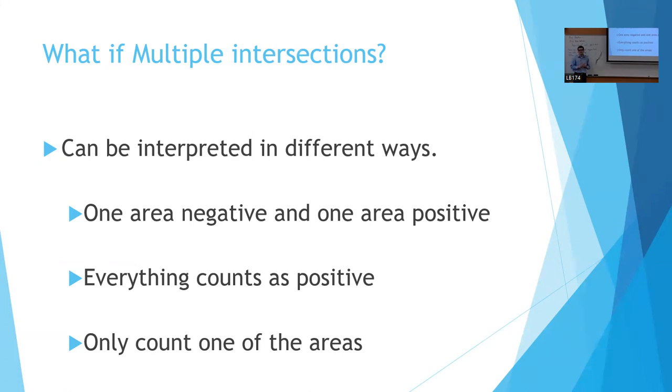If one is counted as positive, one's negative, subtract them. If we only want one of the areas, then we only deal with the area that we want. And that happens anytime we have curves crossing at multiple places, more than just two intersections. Everybody okay with that? So be careful about that.